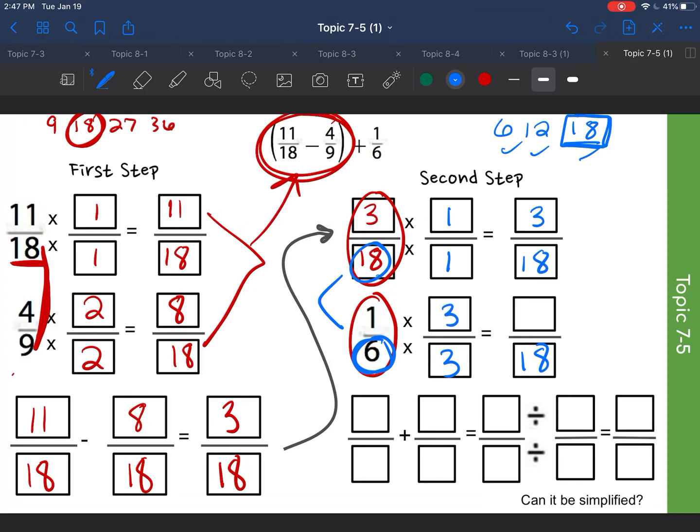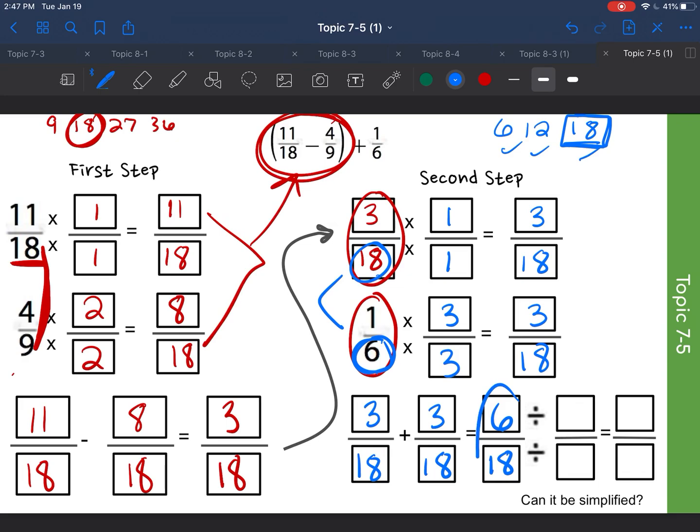Whatever you do to the bottom, you do to the top. You get 3/18. So we have now 3/18 plus 3/18, and you end up getting 6/18.